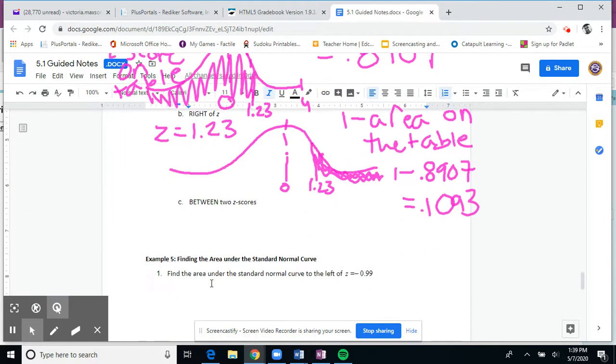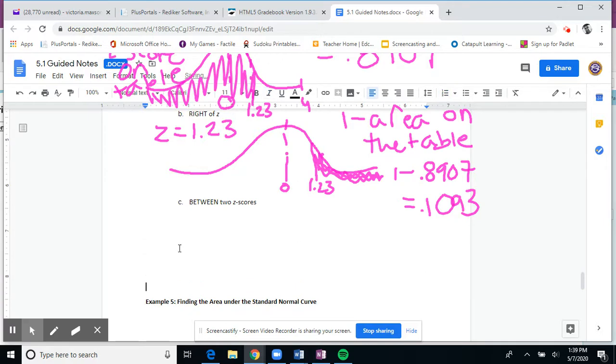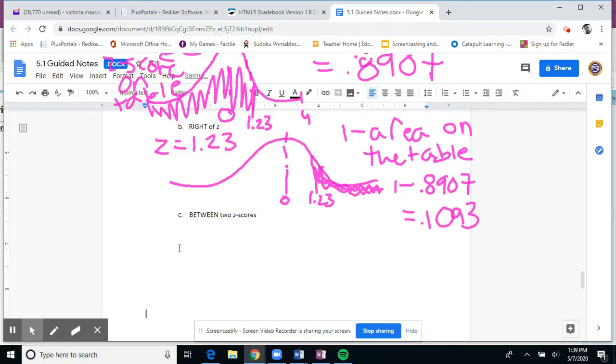The last type of question you might get is between two z-scores. So let's say they asked for the area between z equals negative 0.75 and z equals 1.23.